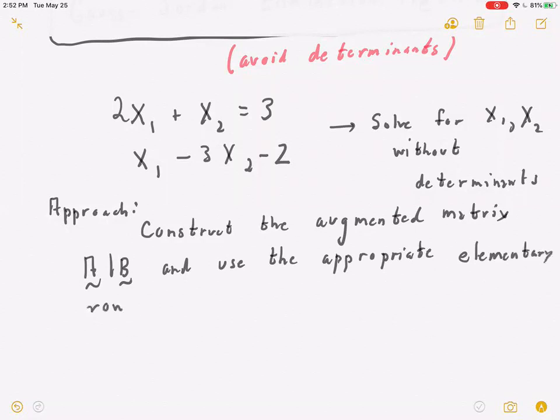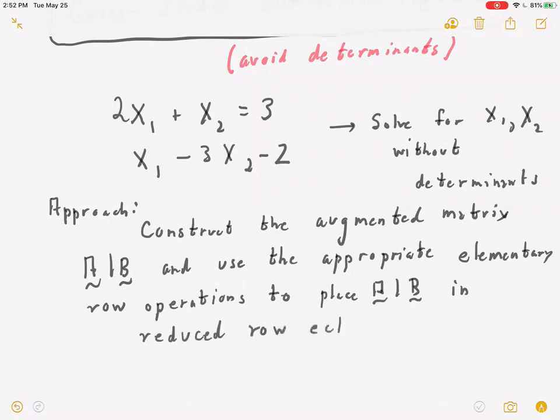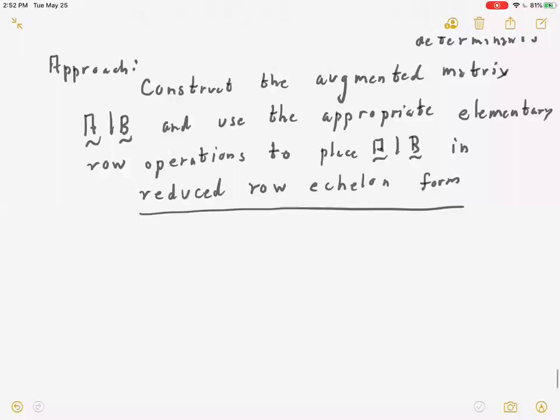And I've just defined what the 3 elementary row operations are to place my original augmented matrix in what's called reduced row echelon form. That sounds like a mouthful. So I think the easy way to figure out what's going on here is for me to show you by steps and examples.